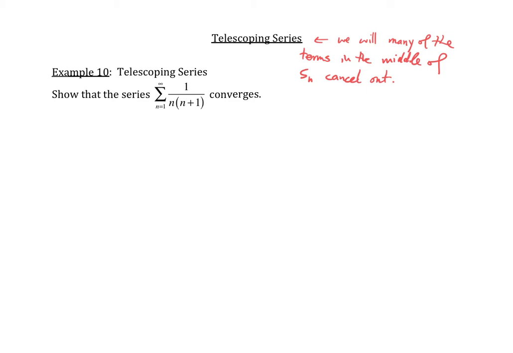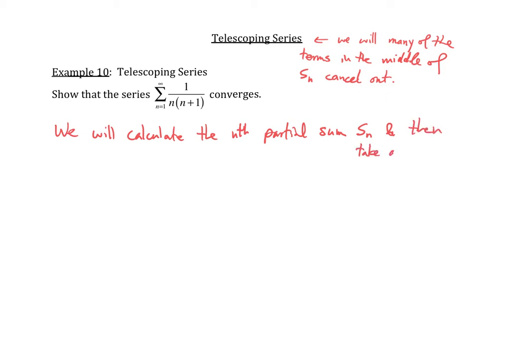So here's our plan. We will calculate the nth partial sum Sn, and then we'll take a limit. That's going to be our strategy. Okay, so first, let's write out what our nth partial sum looks like.